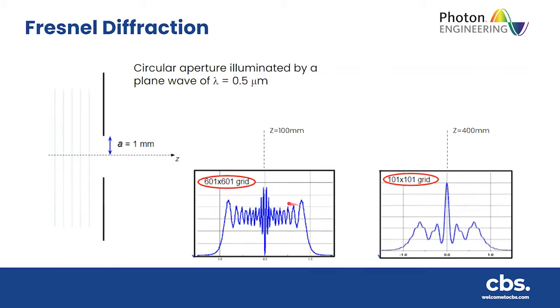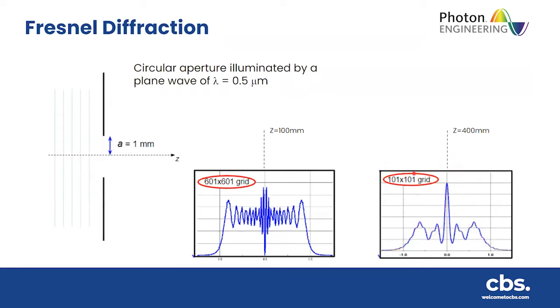The key thing here is that to get this accurately, I needed to use a grid of 601 by 601 beamlets, which is quite high for a coherent ray trace, but certainly achievable without too much computational hassle. And then at Z equals 400, as we approach the far field, the pattern starts to calm down, and I can see the expected diffraction pattern.